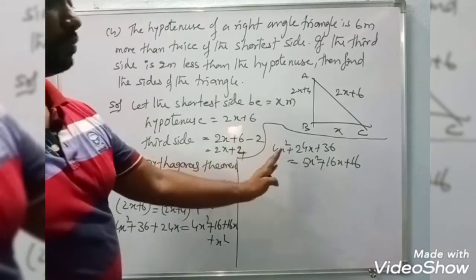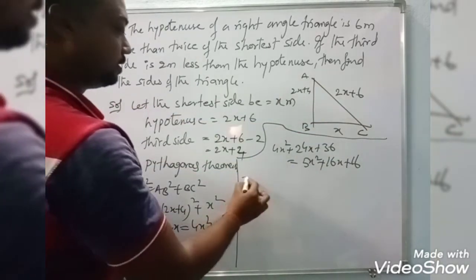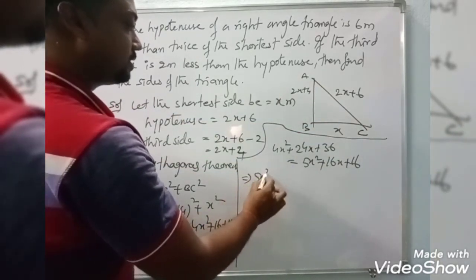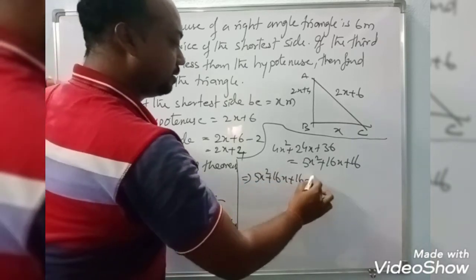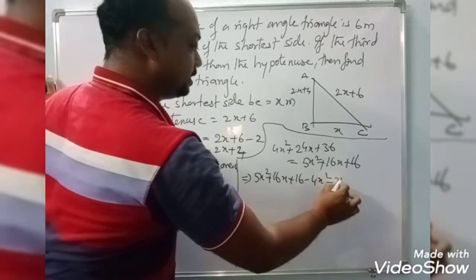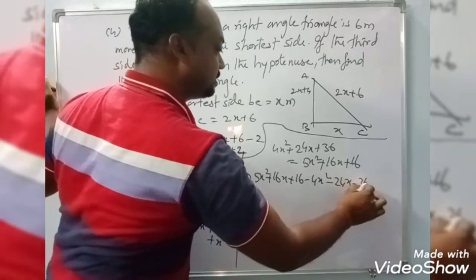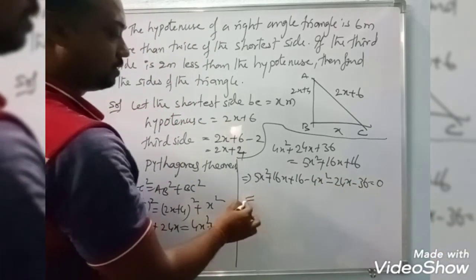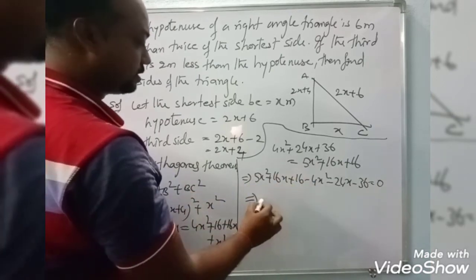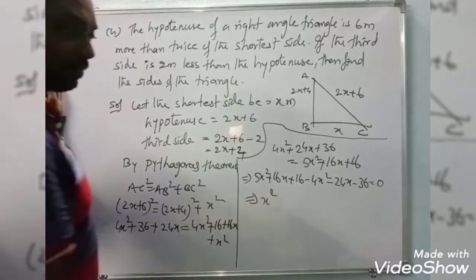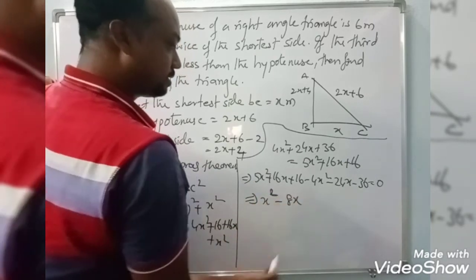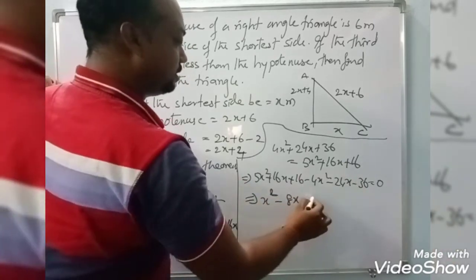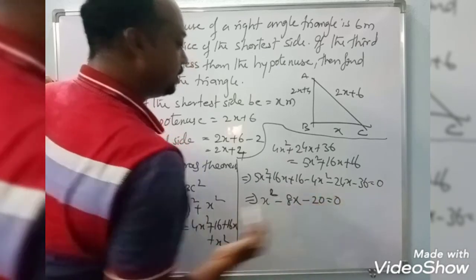So I am sending this 4x square completely to the right side. So what you will get here? 5x square plus 16x plus 16 minus 4x square minus 24x minus 36 is equal to 0. Now here 5x square minus 4x square is x square. Now 16 minus 24 is nothing but minus 8x. 16 minus 36 is nothing but minus 20 is equal to 0.